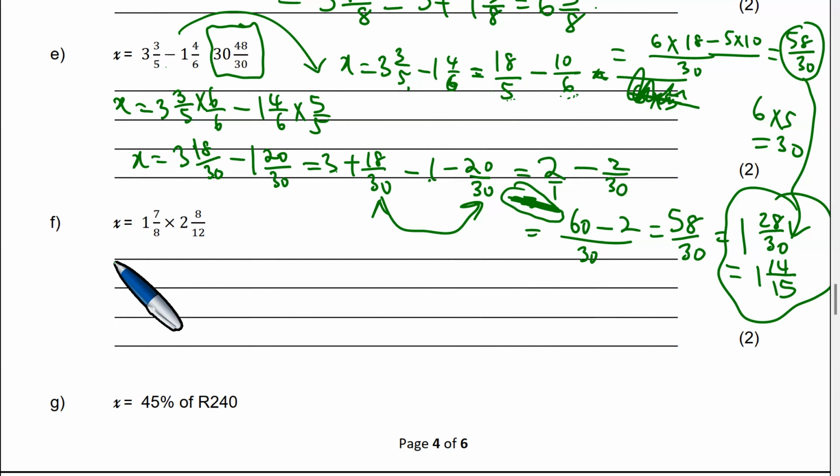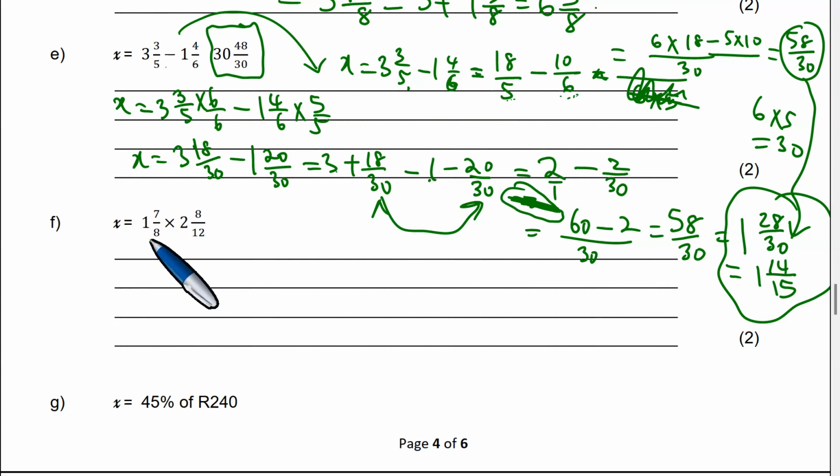What's the answer? So 7 over 8, yeah. Yeah, 1 and 7 over 8. Change it to an improper fraction. What's the answer? Don't change everything. Just 1 and 7 over 8.